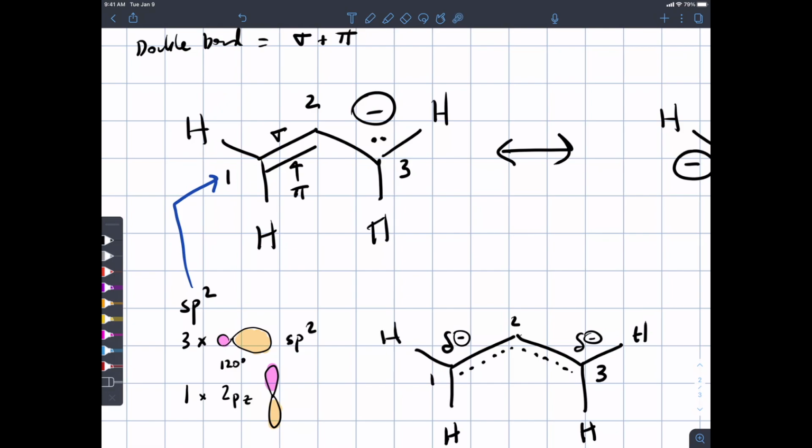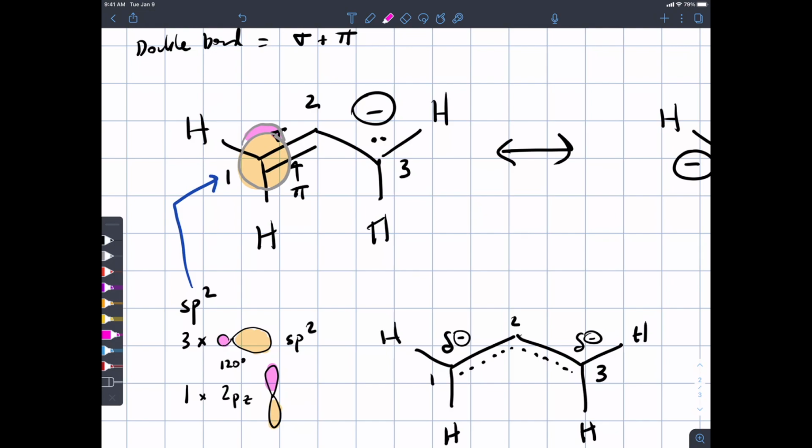So let's remember that each of these carbon-hydrogen bonds are in the plane of the page. The p orbital that we have left over on that carbon 1 would be coming out of the page towards us, and then going back into the page away from us. We're looking at this molecule from the top down.